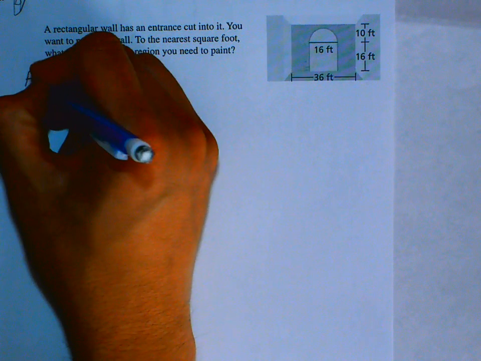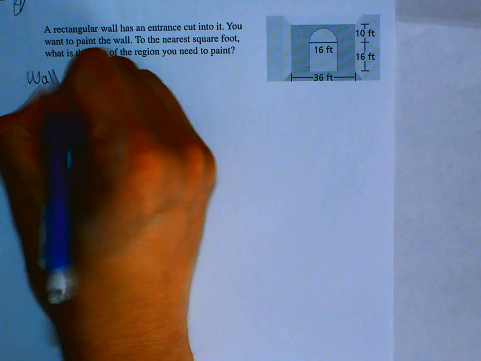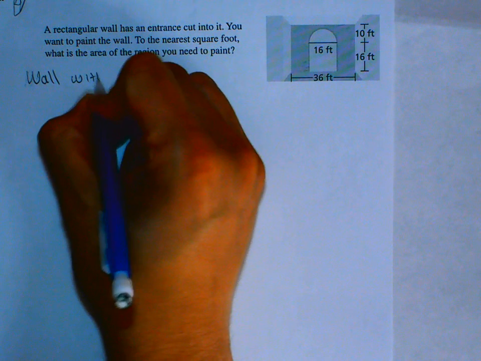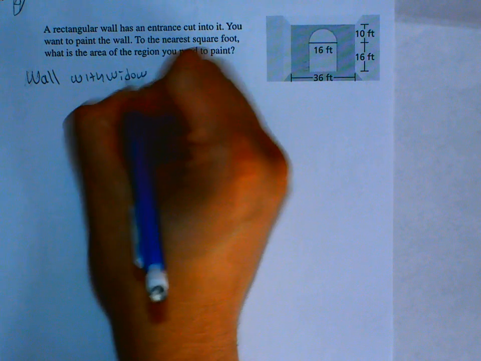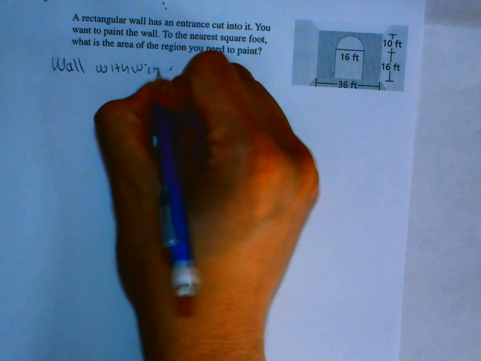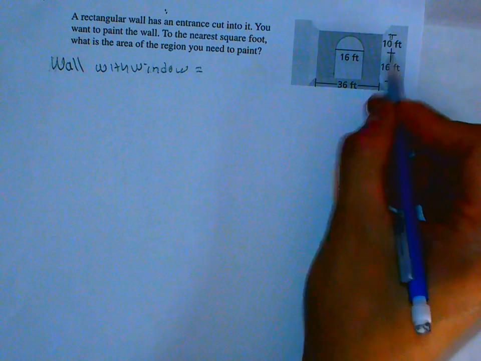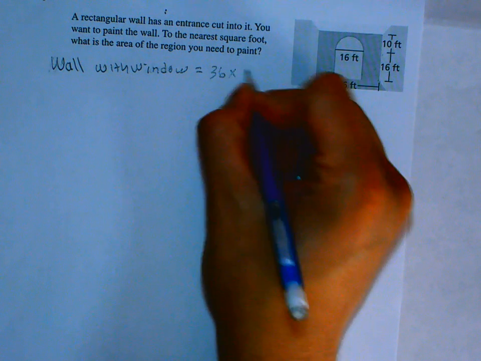So the area of the wall with the window is pretty much a rectangle, 36 times 26. 10 plus 16, that's 26. So 36 times 26.